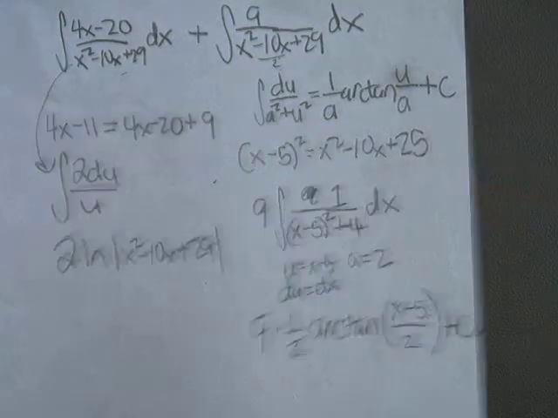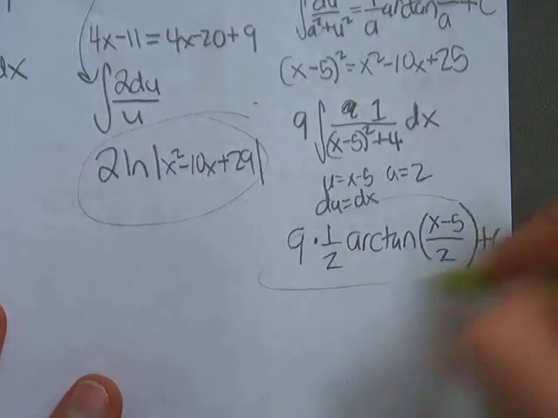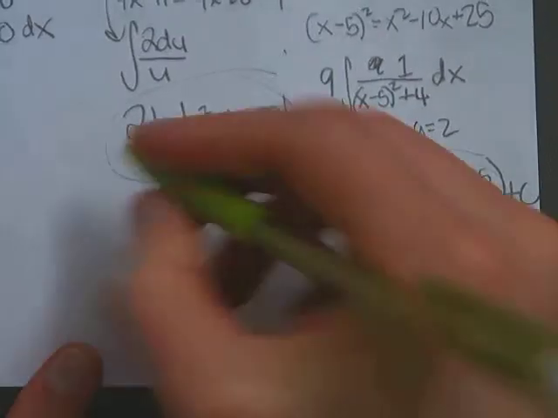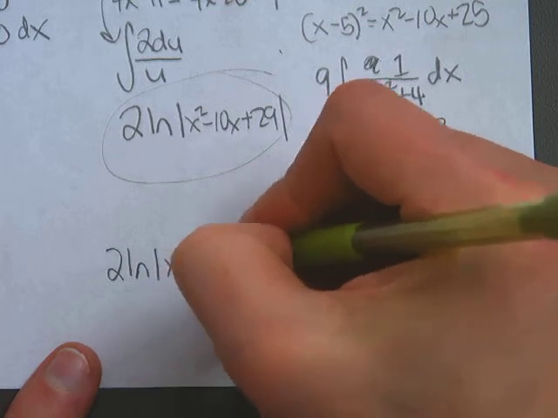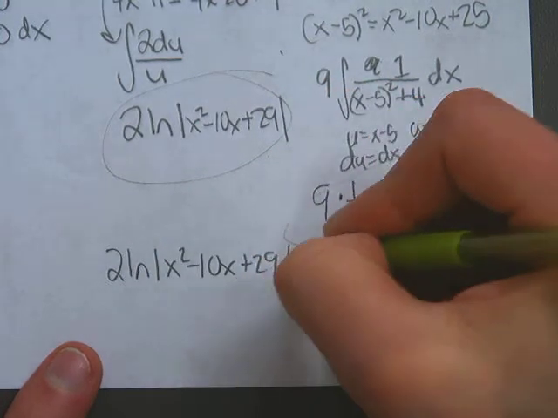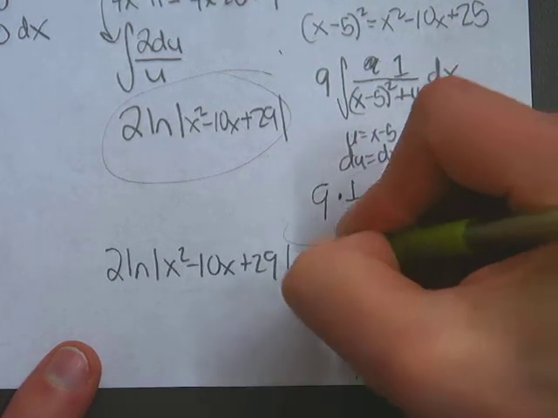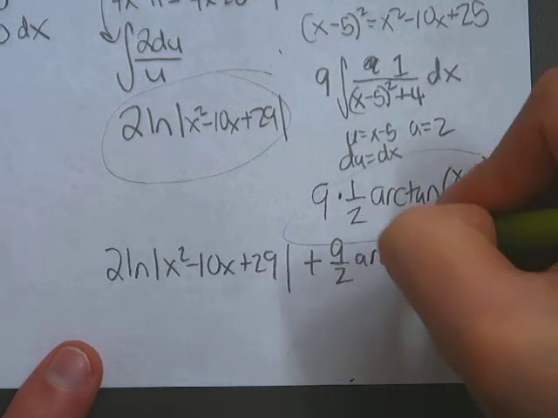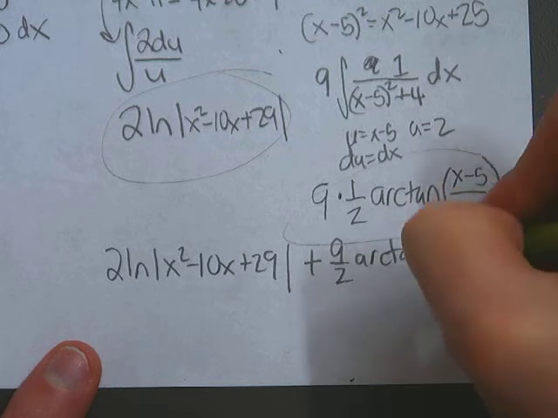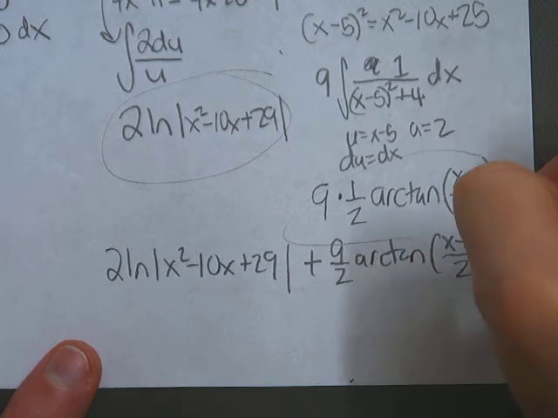So this was the answer for part 1 and this was the answer for part 2. It's 2 natural log of the absolute value of x squared minus 10x plus 29 plus 9 halves arctan of x minus 5 over 2 plus c.